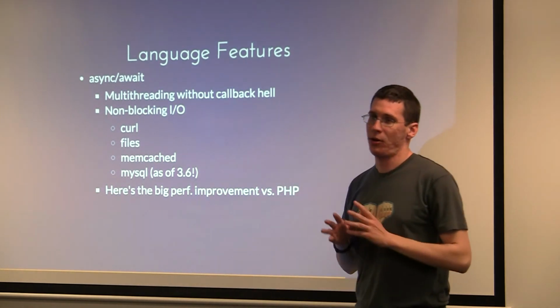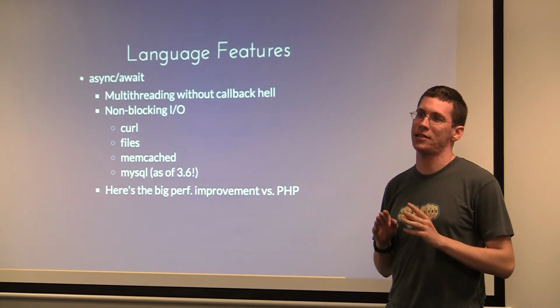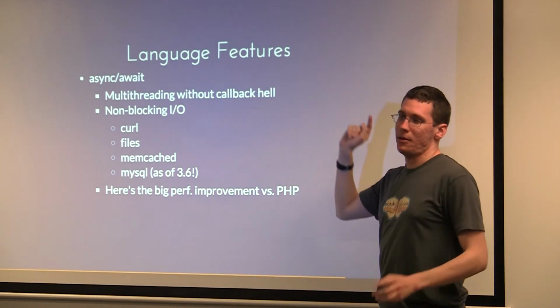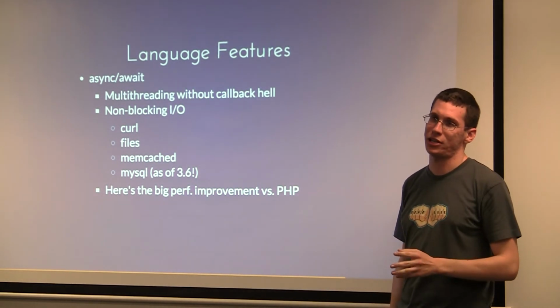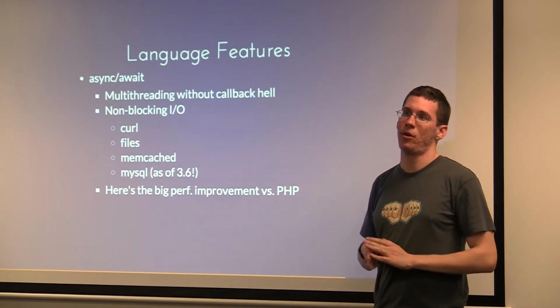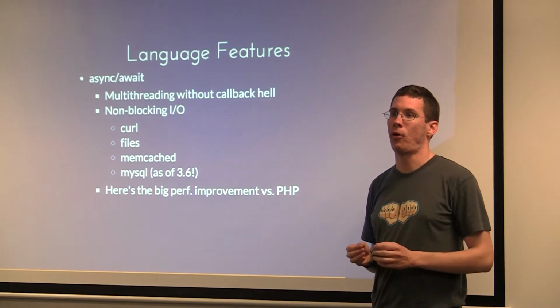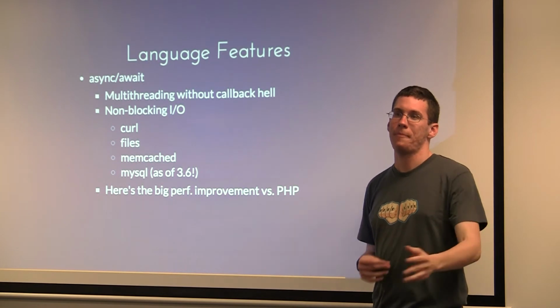So that whole HHVM, well, Hack isn't faster than PHP asterisk. This is the asterisk. Being able to do multiple things at once using HHVM's threaded architecture is actually a big performance win in certain cases where you need to make multiple HTTP requests out to other microservices, or you need to hit the database for a couple of unrelated queries.